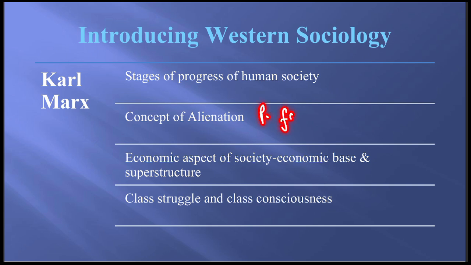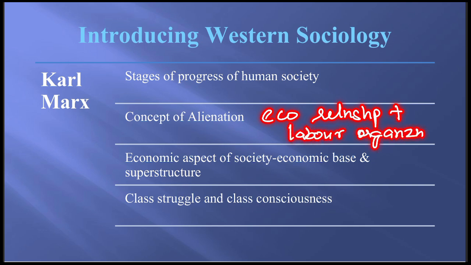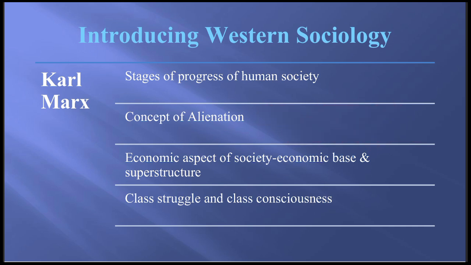Productive forces are the factors of production, that is, land, labor, technology, energy sources, etc. And the productive relations are the economic relationships and forms of labor organizations that are involved in the production. Note that the productive relations are the relationships based on ownership or control of the means of production.